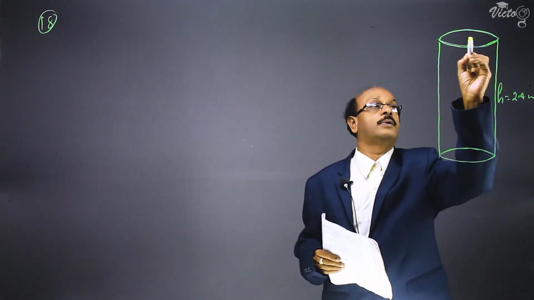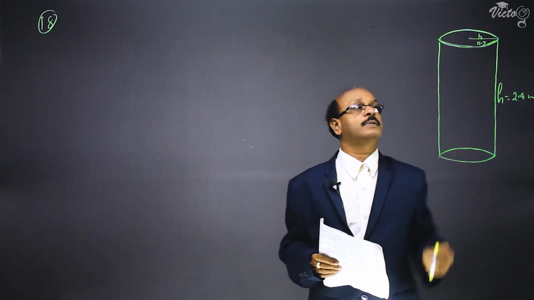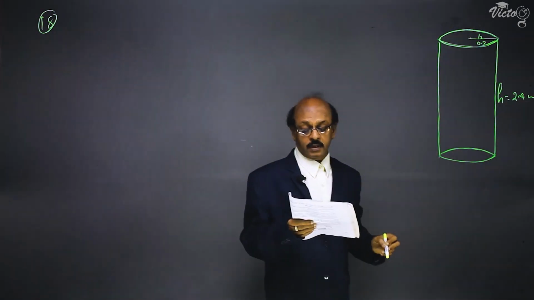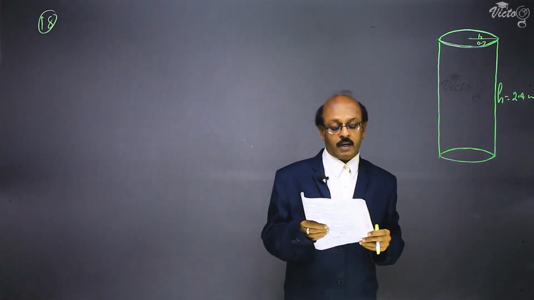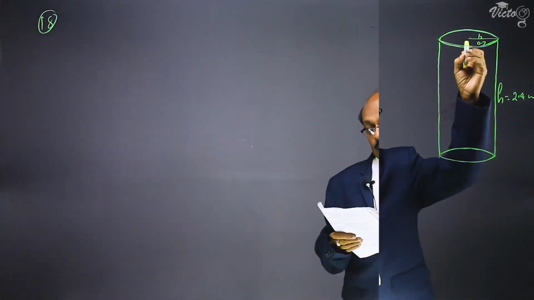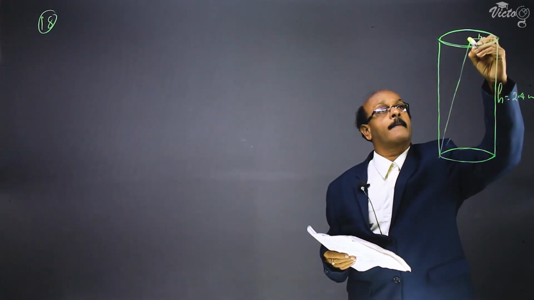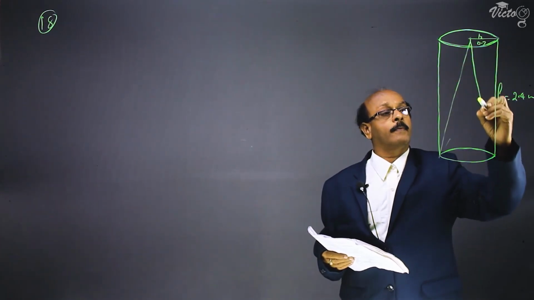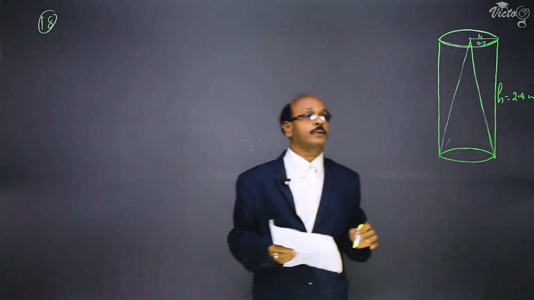R is equal to 0.7 centimeter. From this, a right circular cone of the same height and same radius is cut out.